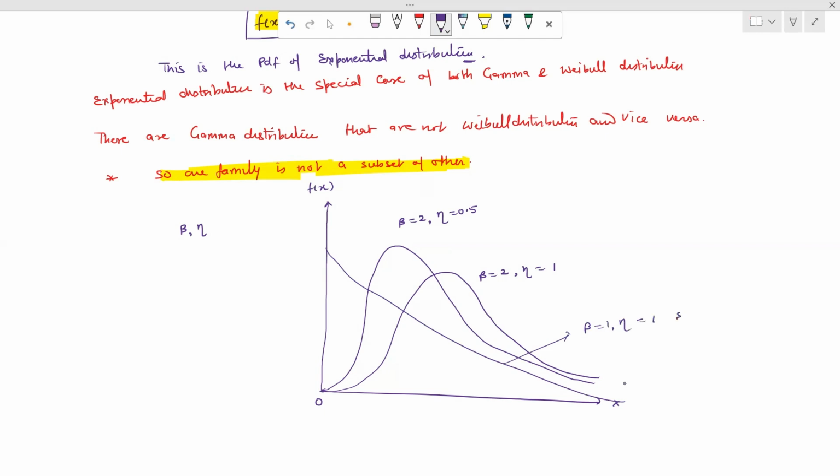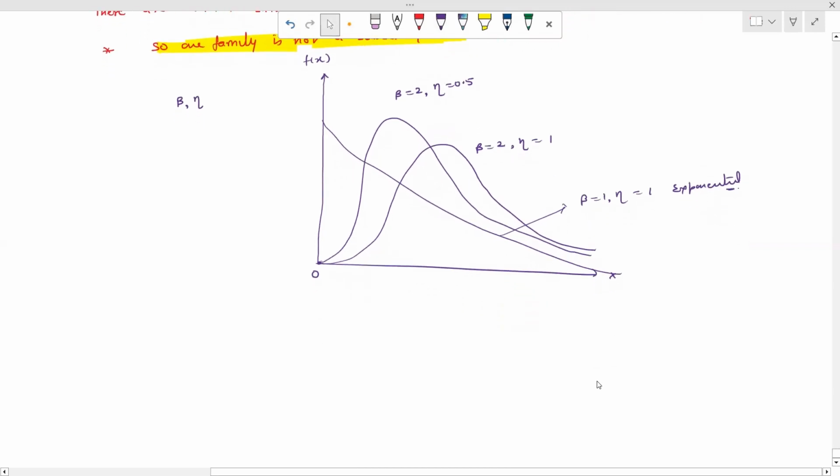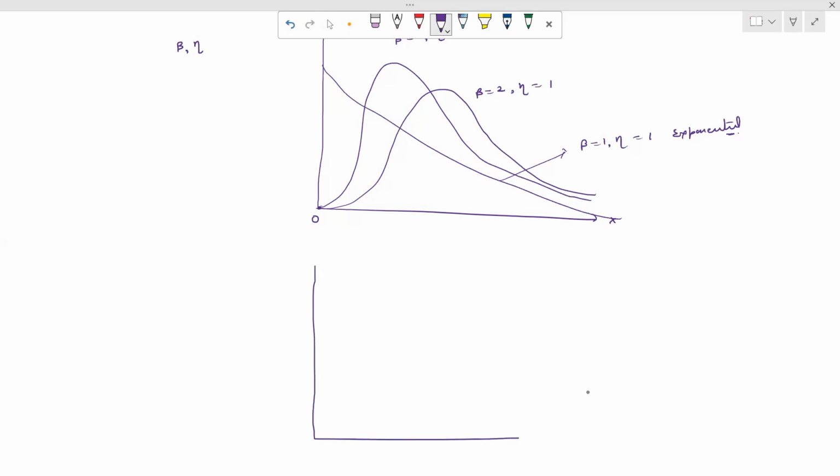This means the exponential. This is the exponential shape. So these are the shapes, which basically depend upon the values of beta and eta. Now what is the situation when we change the value of beta and eta? That means we take a higher value of beta and a lower value of eta. So we draw another graph.